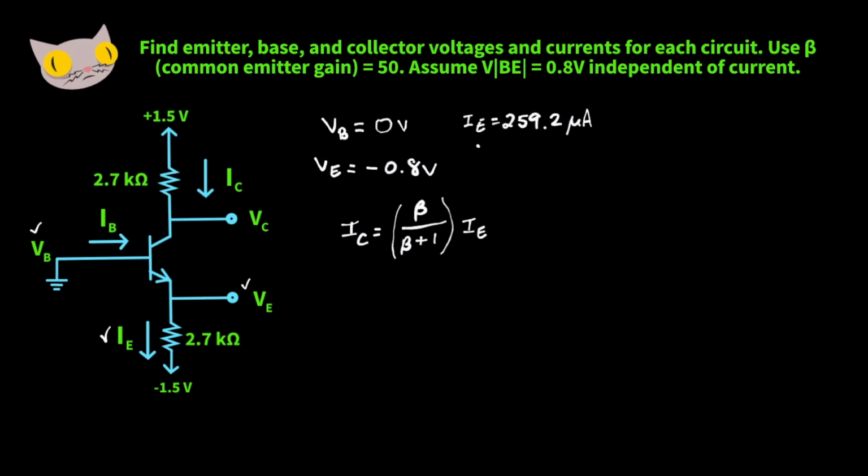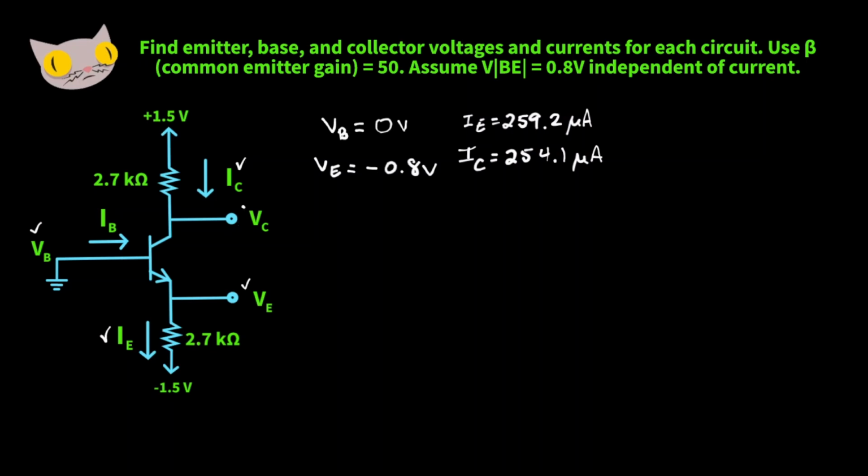We know what our emitter current is, so we're going to get 50 over 50 plus 1 times 259.2 times 10 to the negative 6 amps. That's going to give us about 254.1 microamps. So now we have our currents for the collector.